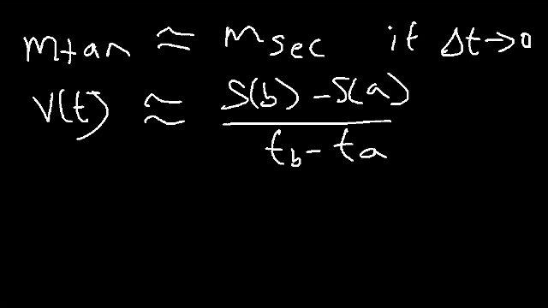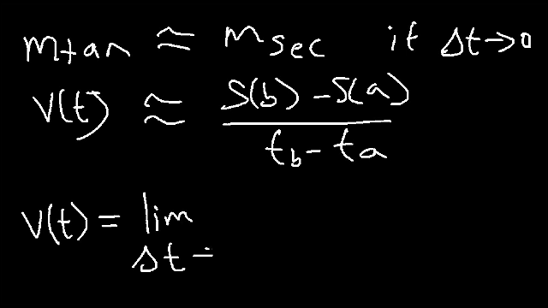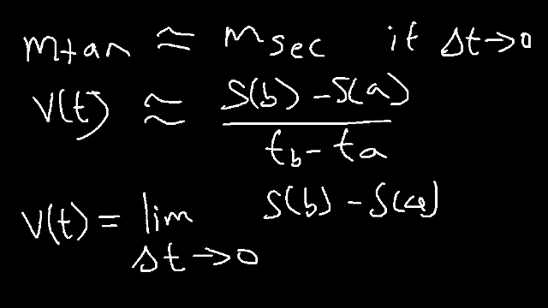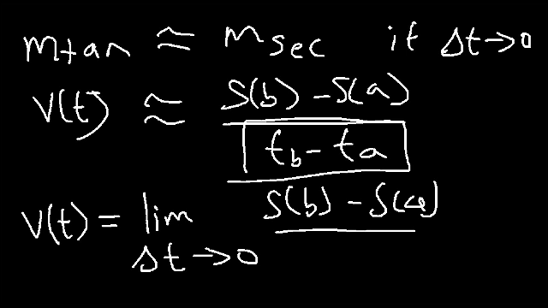So we get this function. So the change in position divided by the change in time equals the average velocity. But as the change in time gets very small, as it approaches 0, it becomes the instantaneous velocity. So we could say v of t is equal to the limit as delta t approaches 0 for this function, s of b minus s of a over, we'll call this the change in time, delta t.